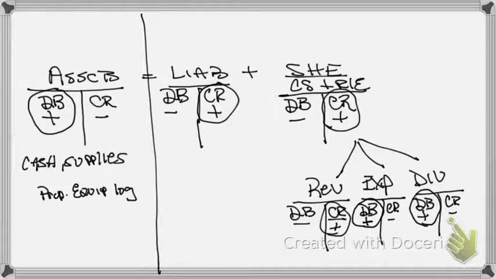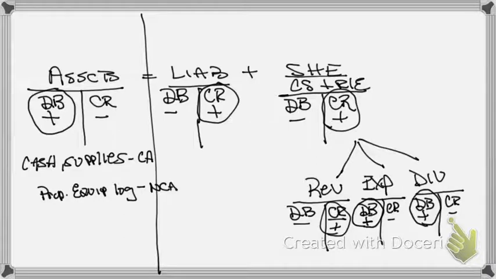All right, cash and supplies are things that we call a current asset, CA. Property, plant, and equipment are what we call non-current assets. So anything that we won't use up in less than a year is a non-current or long-term asset. Anything that we could use up in less than a year is a current asset.